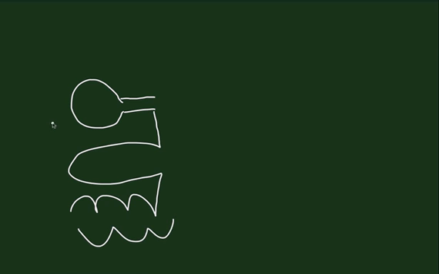Let's say this time our prolapse does this. Point A started here, 3 centimeters up, and this time it only comes down to there.